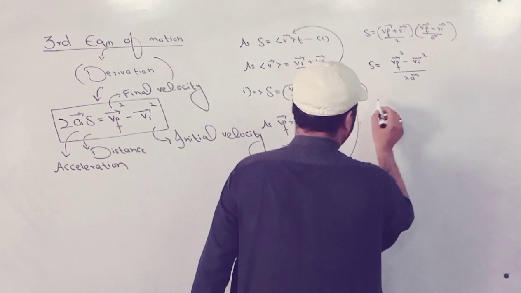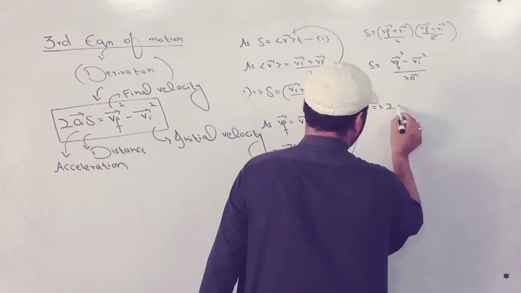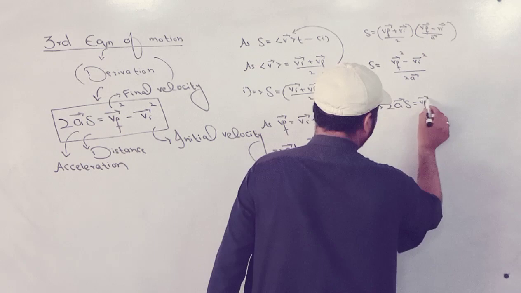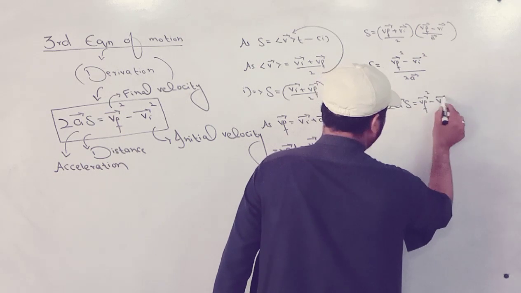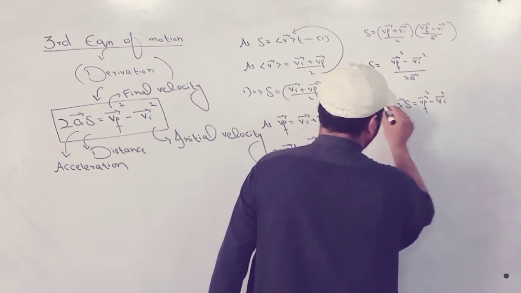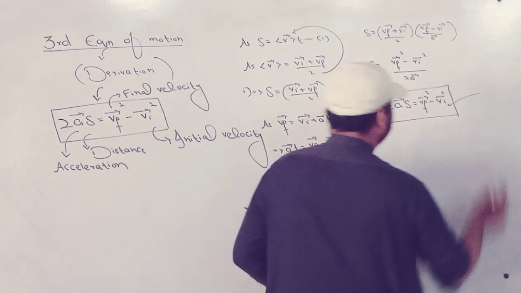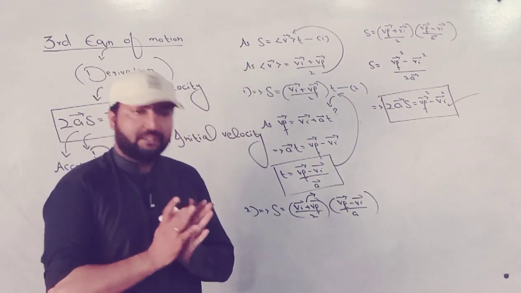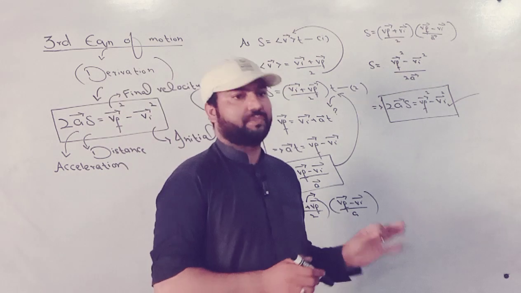Now by cross multiplication this implies that 2as is equal to Vf square minus Vi square, which is our required result. बस हमने आसानी के साथ थर्ड इक्वेशन ऑफ मोशन को प्रूव कर दिया.